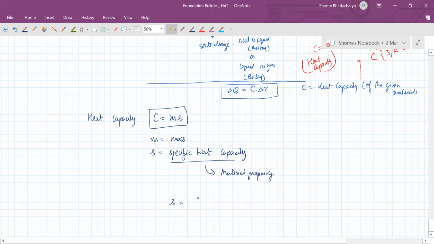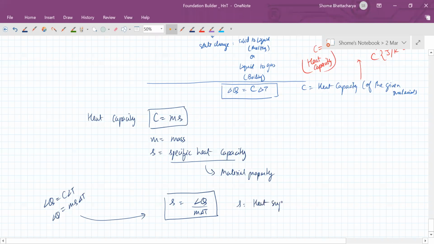So S is equal to this kind of thing, because delta Q is C delta T, which is M into specific heat capacity into delta T. So from this relation you can see, specific heat capacity is the heat supplied per unit temperature change or temperature rise for unit mass of the material.